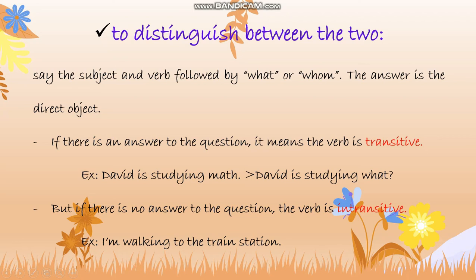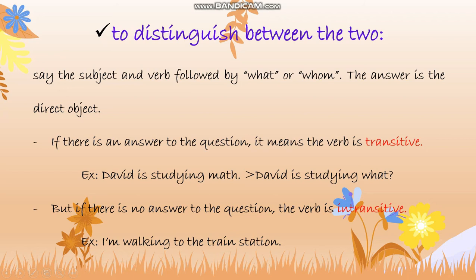But what if there's no answer to the question? The question here refers to what or whom. What may refer to a thing or animal, but whom refers to a person. If there's no answer to the question, it means that the verb is an intransitive verb, which needs no object.